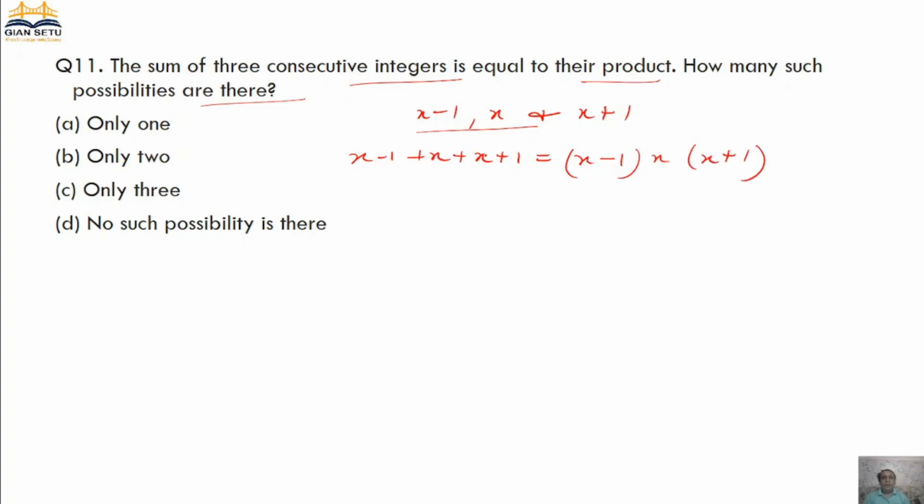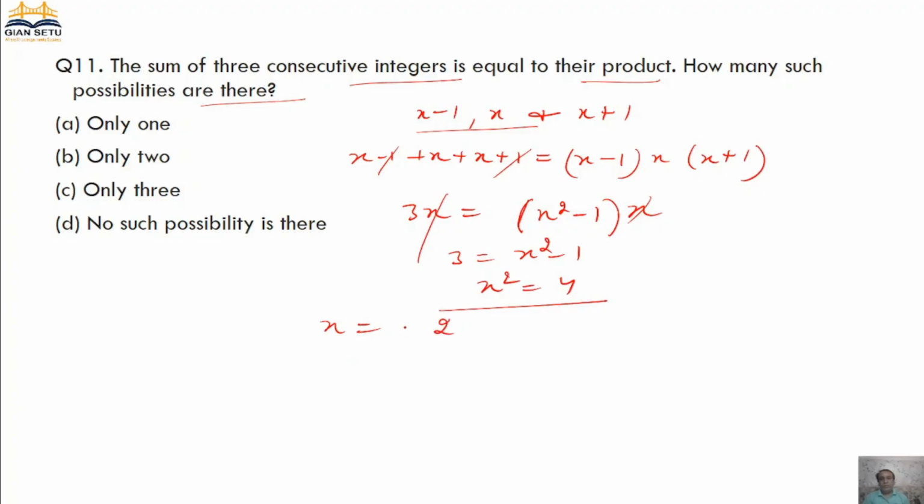The minus 1 gets cancelled out with the plus 1. It will be 3x is equal to x square minus 1 into x, right? Now x gets cancelled out with x, and 3 is equal to x square minus 1. So x square is equal to 4.